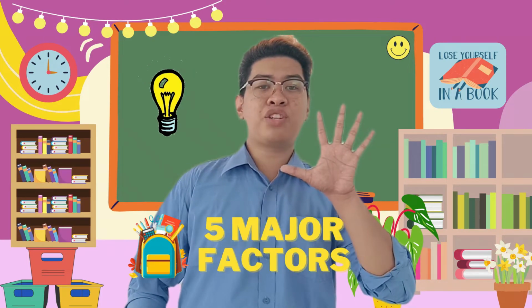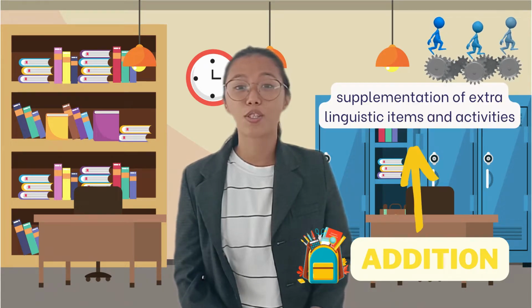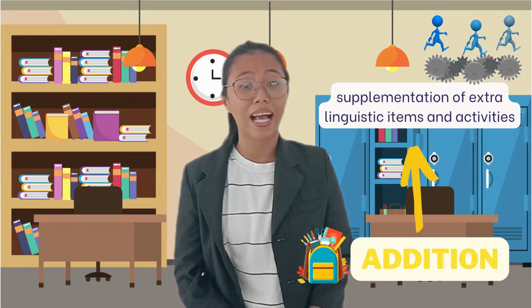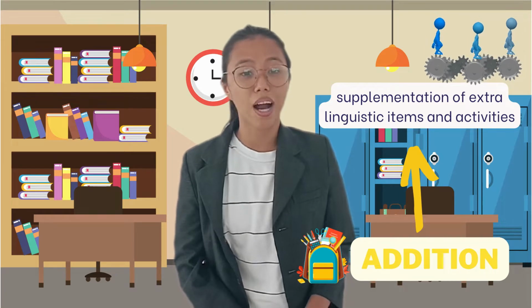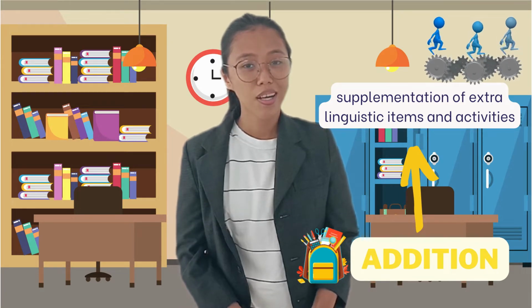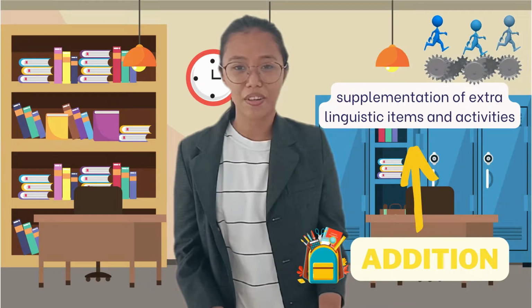To adapt materials, we have to consider 5 major factors. The first of the 5 major factors is addition. Addition is an adaptation procedure which involves supplementation of extra linguistic items and activities to make up for the inadequacy or the inefficiency of the materials.